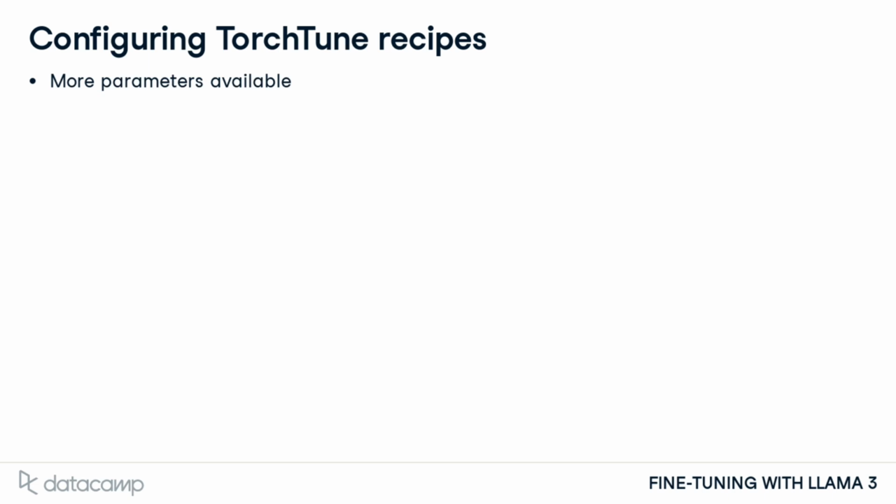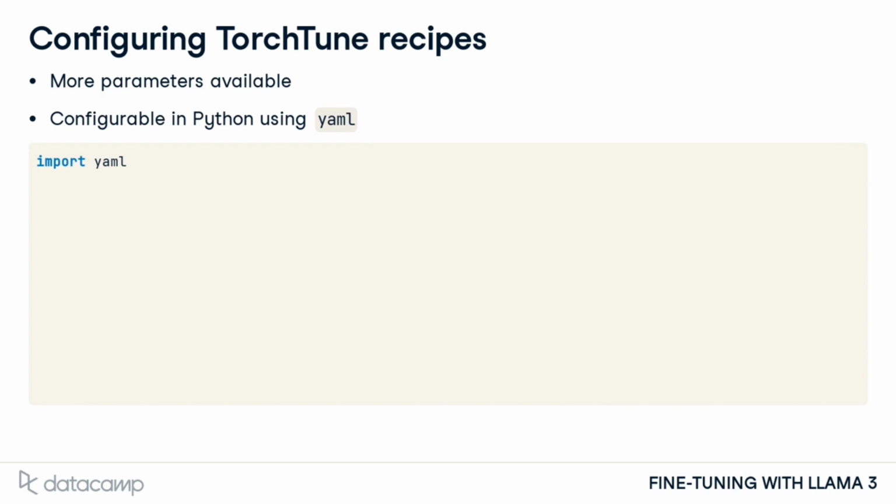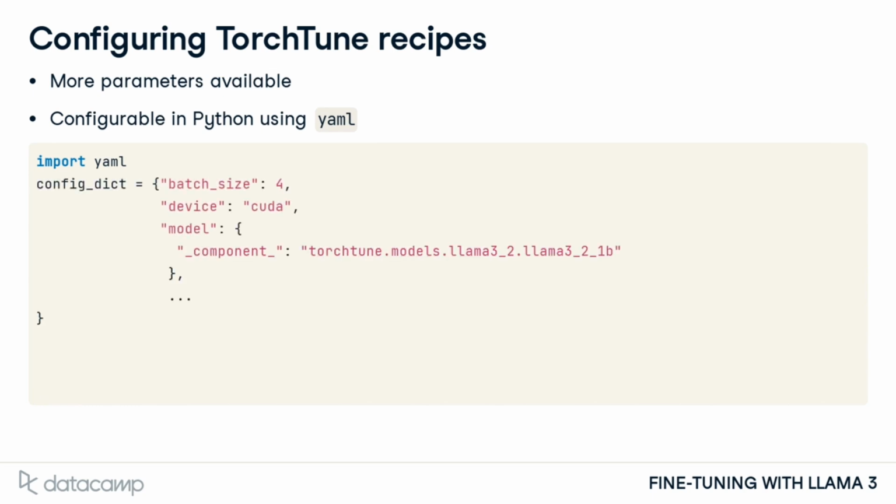To create and save a custom file in our Python environment, we can use the YAML library to define the configuration as a dictionary and save it in the YAML format. In the configuration, we define parameters such as batch size, device, epochs, and output directory as key value pairs. We use a nested dictionary for the model section to define the pre-trained model architecture we want to fine-tune.